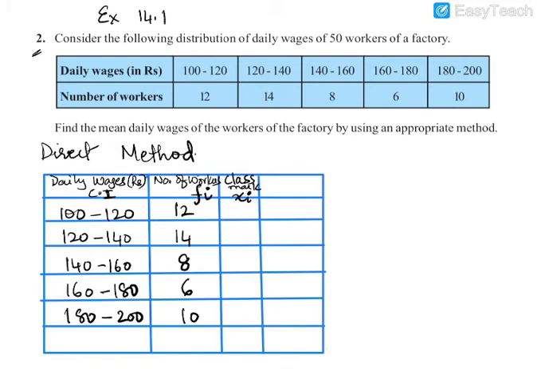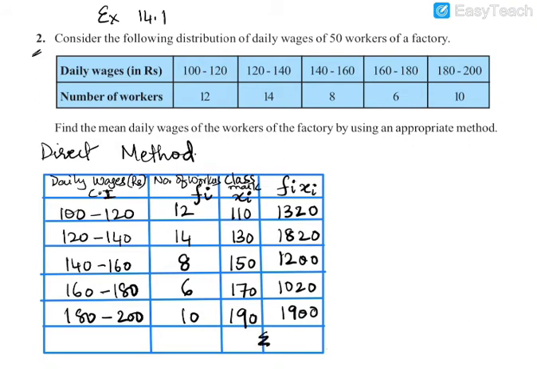And in the fourth column, we will find the product of fi and xi. The class marks are calculated by adding the lower limit and the upper limit and dividing by 2. So here we will get 110, in the next one 130, 150, 170 and 190. Now we will find the product of each xi and fi.